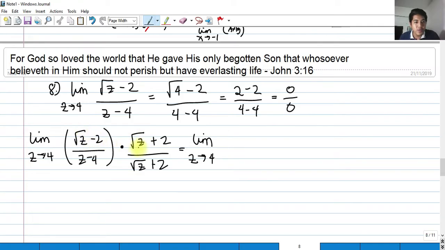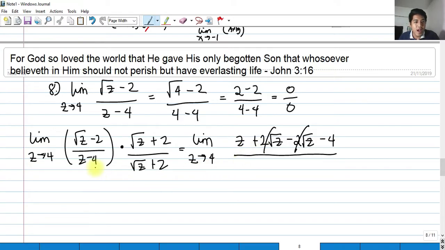FOIL: first, the square root of z times the square root of z is simply z, since their exponents add up when multiplied. Outer, that is plus 2 square root of z. Inner, negative 2 times the square root of z, that is minus 2 square root of z. Last, negative 2 times 2 is negative 4. As you can see here, 2 square root of z minus 2 square root of z would simply cancel.